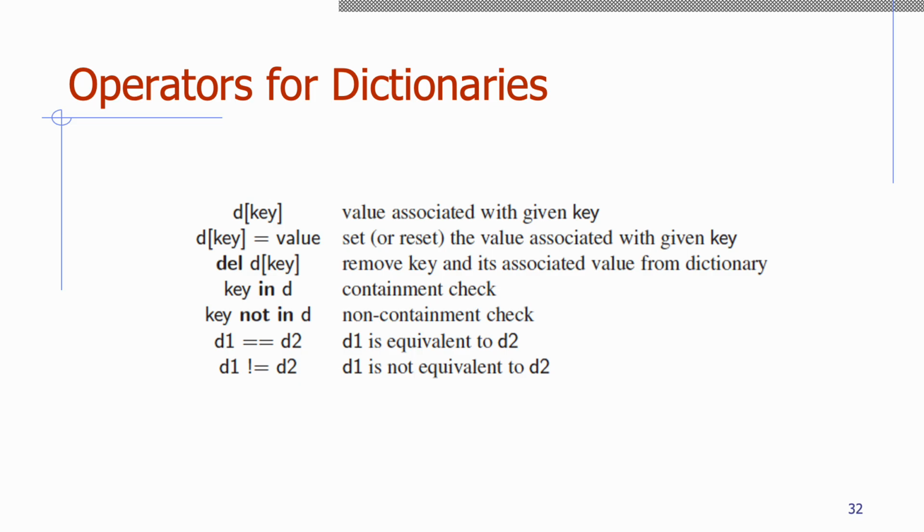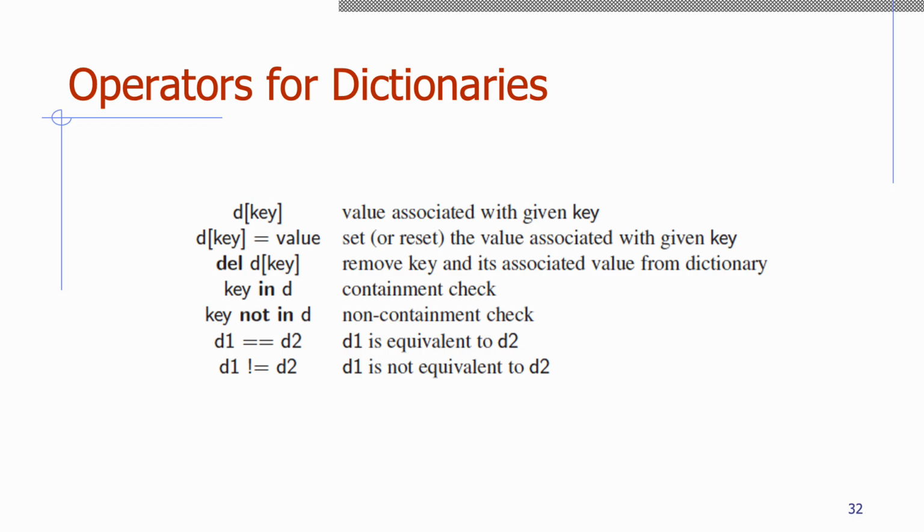Here are some operators that we use for dictionaries. As we know, dictionaries have key-value pairs. So the key is going to give us the value associated with that given key.